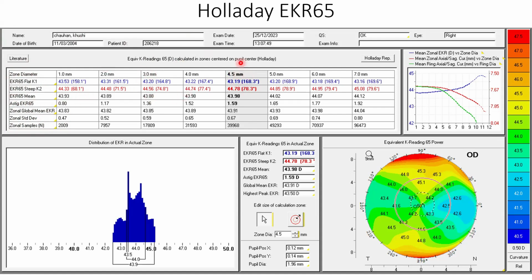So in 4.5 mm, the EKR 65 mean is 43.98 diopters, which means that the 65% of the values in 4.5 mm, their mean is 43.98 diopters. The zonal global mean EKR includes all 100% of the values in the 4.5 mm zone, and the zonal global mean EKR is 43.91.